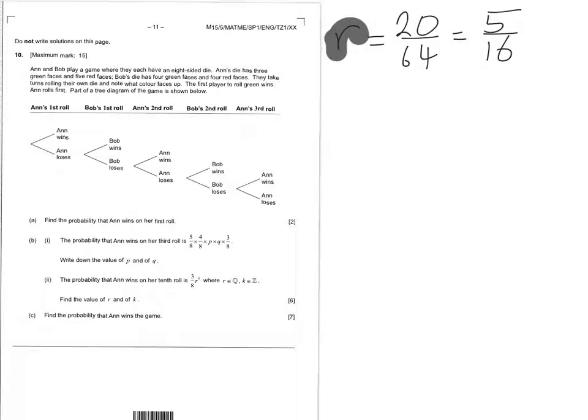And what's U1? Well, it's easy to work out what U1 is, especially given way back in part A, we worked out what U1 is, the probability that Anne wins on her first roll. So it's all linked together.